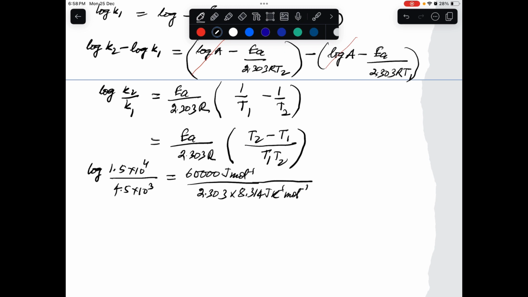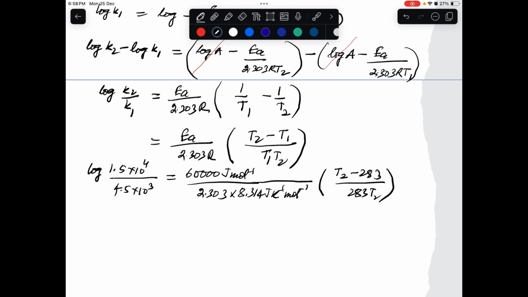Okay, in such type of numerical, always remember, if energy of activation is in kilojoules, the unit of the gas constant should be in kilojoules, or both of them should be in joules. The same unit should be there, otherwise we'll get a wrong value. And here we have T2, we do not know the value of T2, so we will write T2 minus 283 divided by 283 T2.